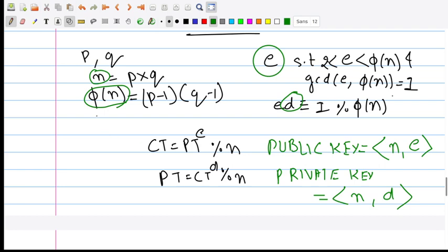By the way, phi n also needs to be kept secret. You cannot leak it. The public key is available openly in plain text format, while the private key is kept secret and is not made available to the public.